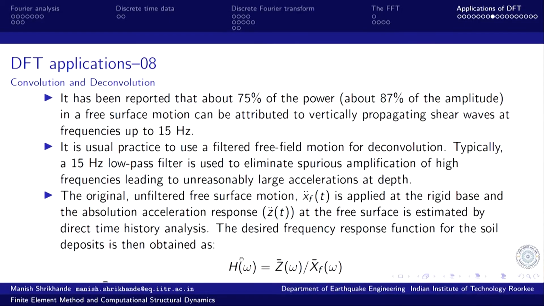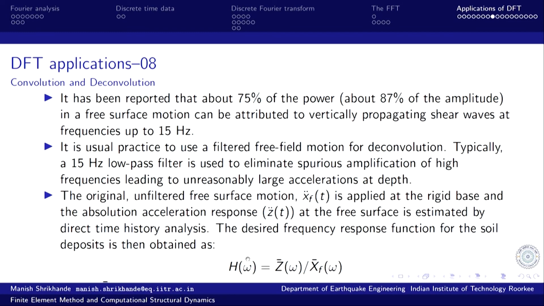This is a term by term division at each frequency, and that is always defined. Once we have this for each frequency, we have the estimate of discrete values of the frequency response function.